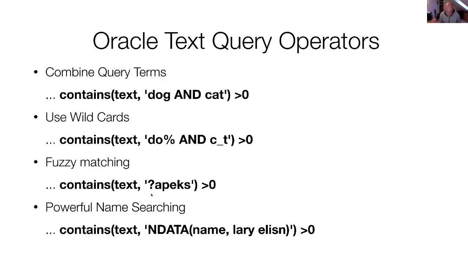I think the third item here is the one we are after. That's what we want to have, that's for our relational data. That's key. And if it's about name searching, like with the employee directory I showed you before, then there is even a special search operator, the ndata.